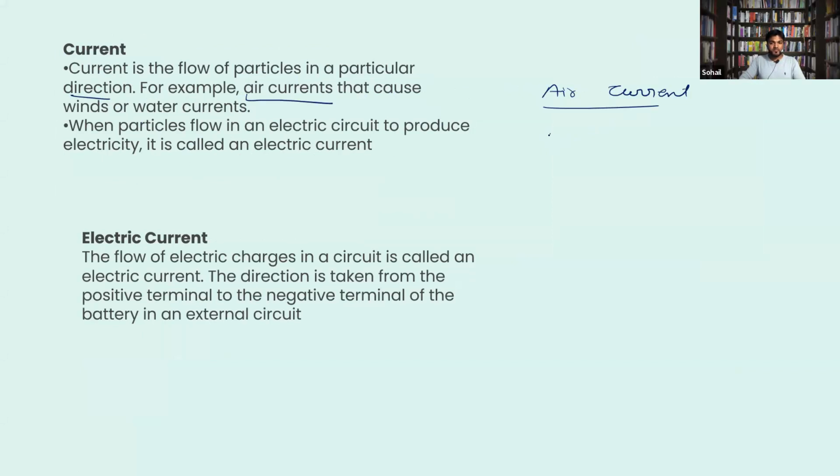Air molecules from the water body side move towards the land side. Here there is movement in a proper direction. While in the night, the opposite happens. During the night time, air molecules move from the land side towards the water body, right?